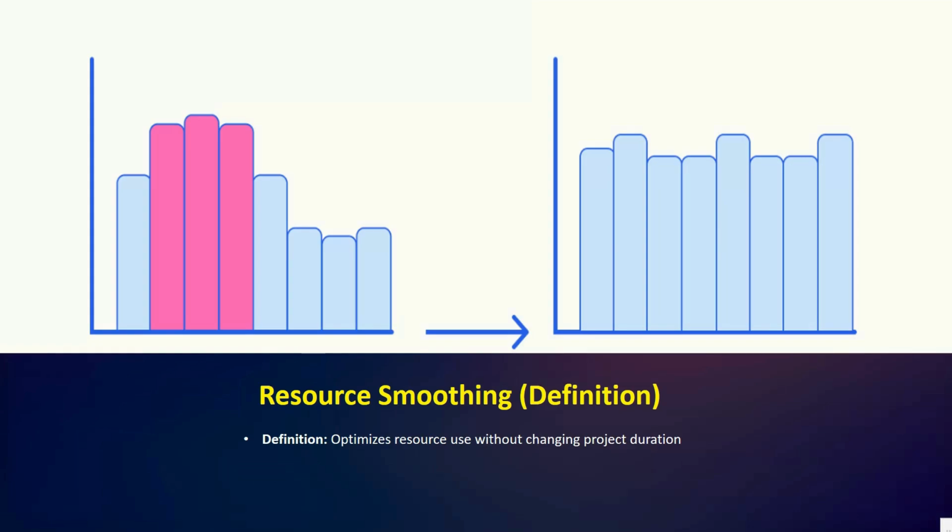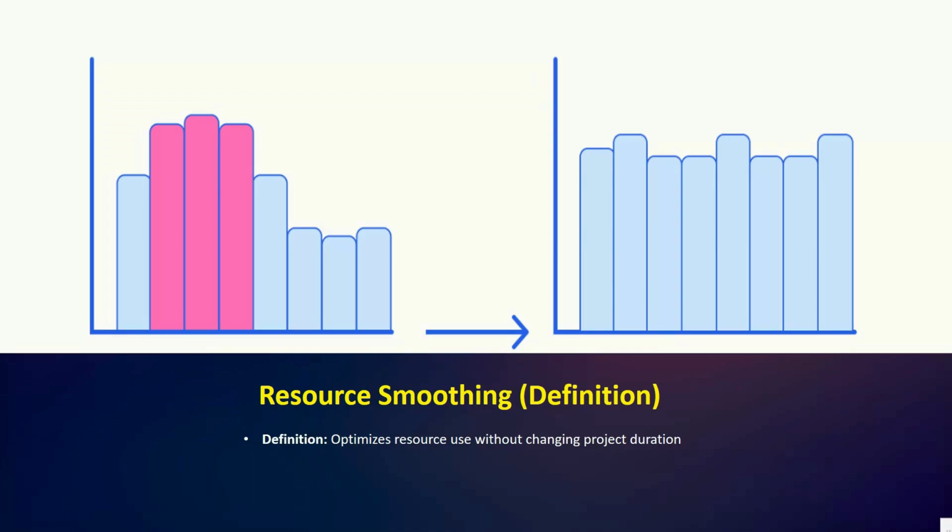So next we have resource smoothing definition. Okay. So here we have the definition. You can see here the optimizes the resource use without changing project duration. So resource smoothing is a bit different. It focuses on the optimizing the use of resources without changing the overall project duration.